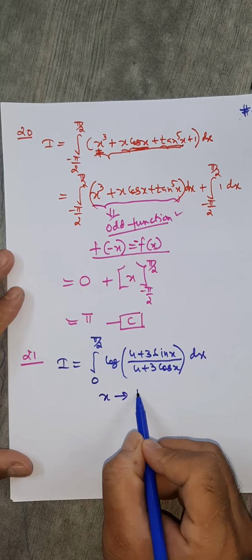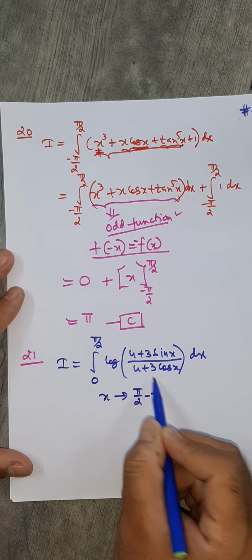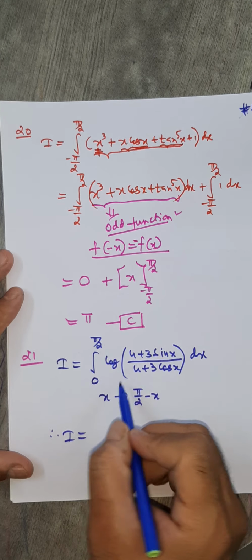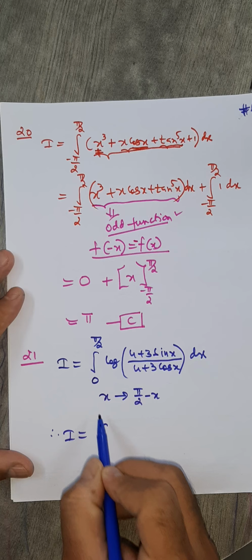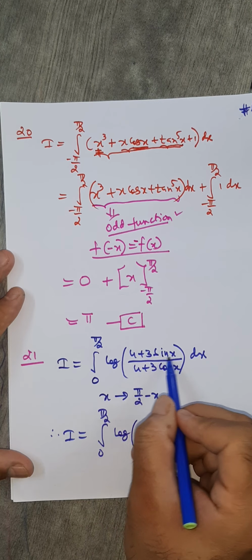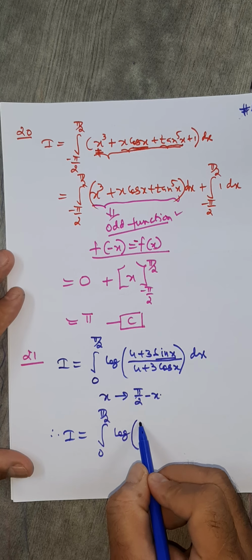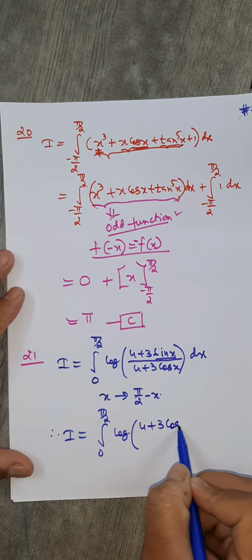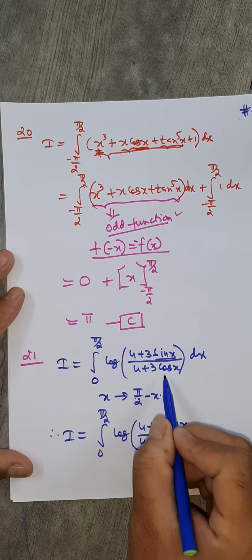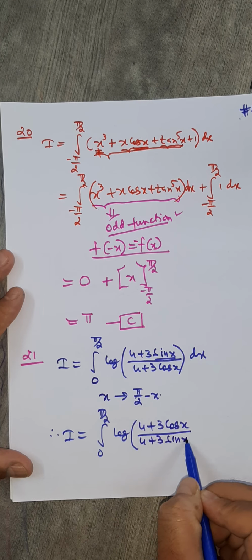So obviously, what do we do? Use the property: replace x by pi by 2 minus x. You know this well-known property. Whenever you have limits from 0 to a, always go for this. So the limits remain the same. Here sin x becomes cosine x because of pi by 2 minus x, and cos x becomes sin x.